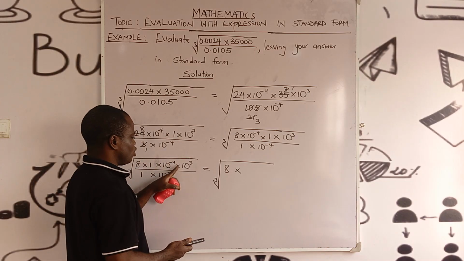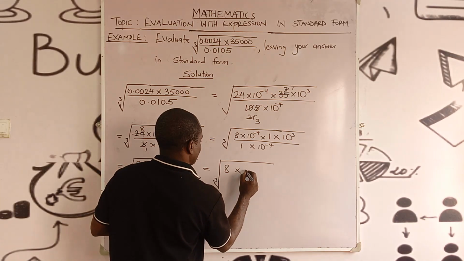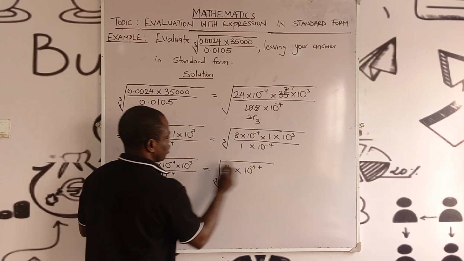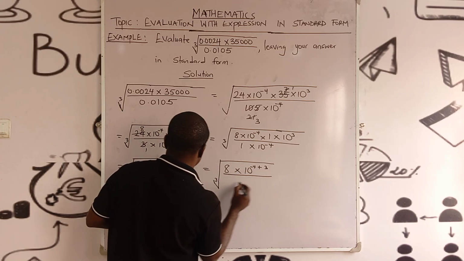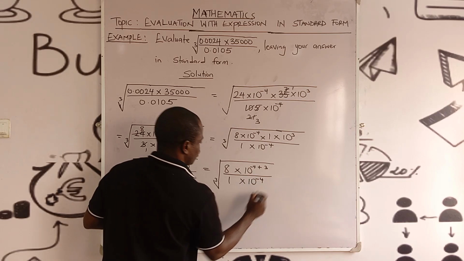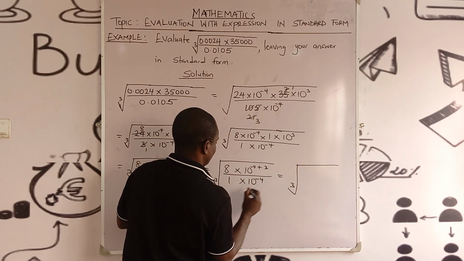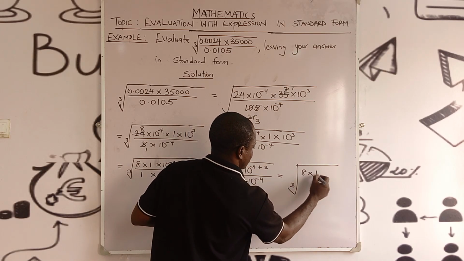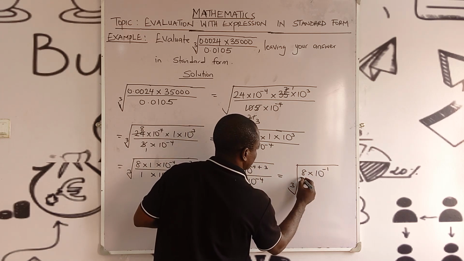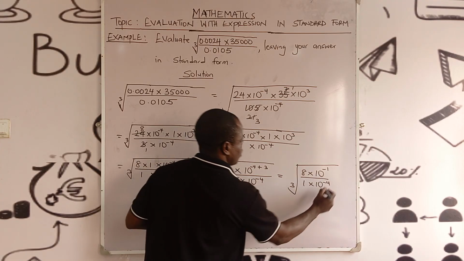But if it is division, you subtract the powers. So 10 raised to power minus 4 plus 3, that's minus 1, divided by 1 times 10 raised to power minus 4.